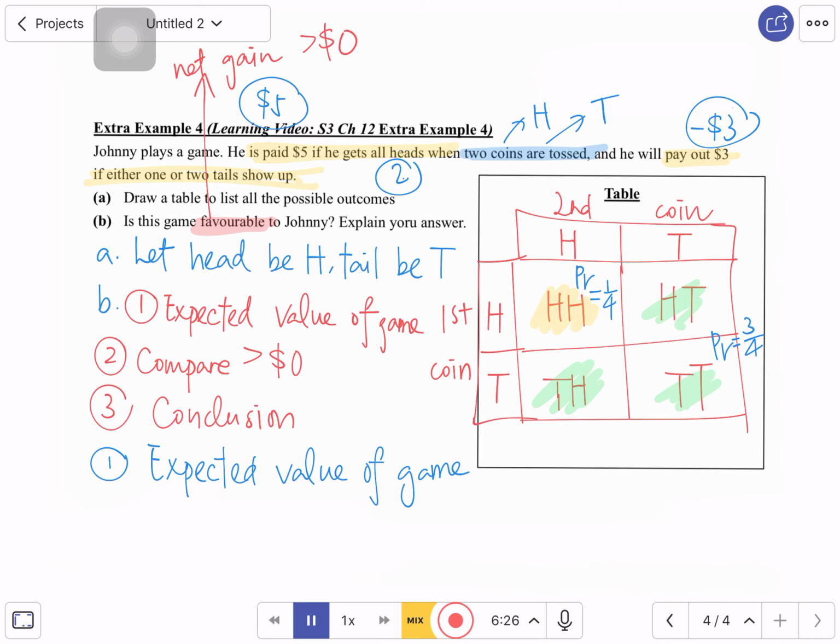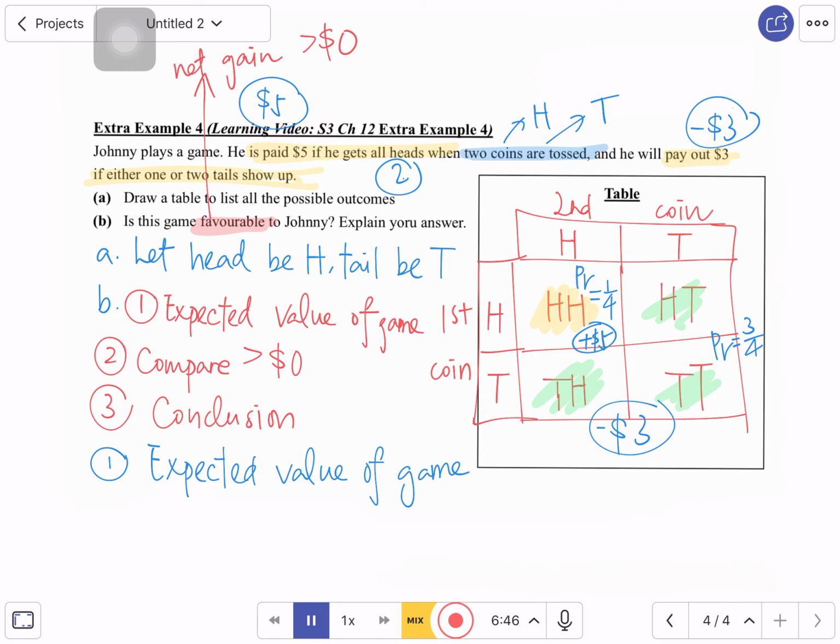For the head-head scenario, he gets $5. For the remaining 3 green scenarios, the money that he gets will be minus $3.